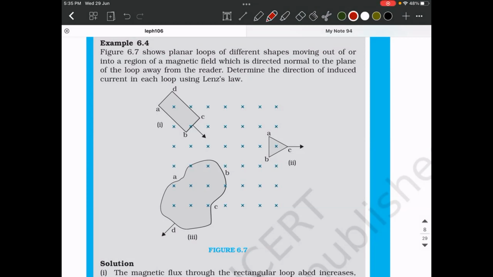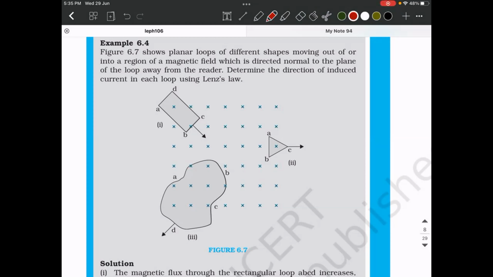Listen. Figure 6.7 shows planar loops of different shapes moving out of or into a region of magnetic field, which is directed normal to the plane of the loop, away from the reader. Determine the direction of induced current in each loop using Lenz's law. The Lenz's law statement is there, right?